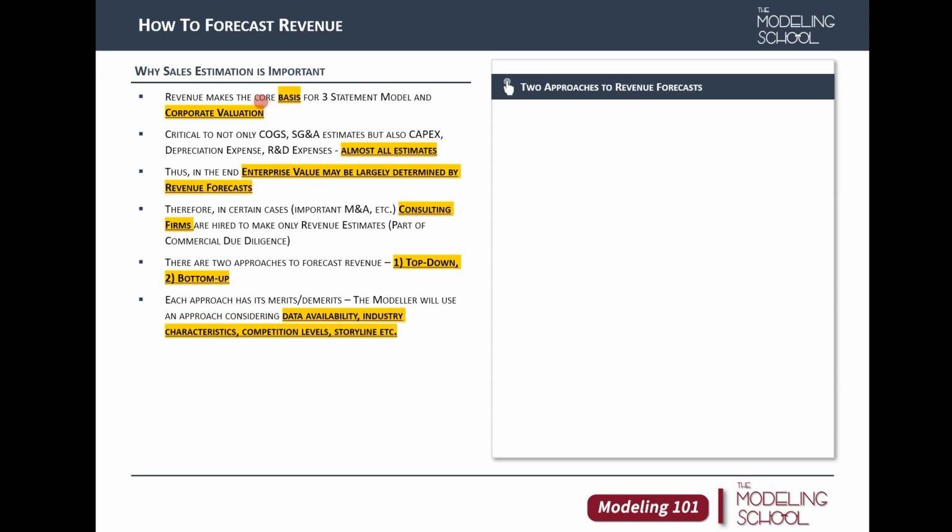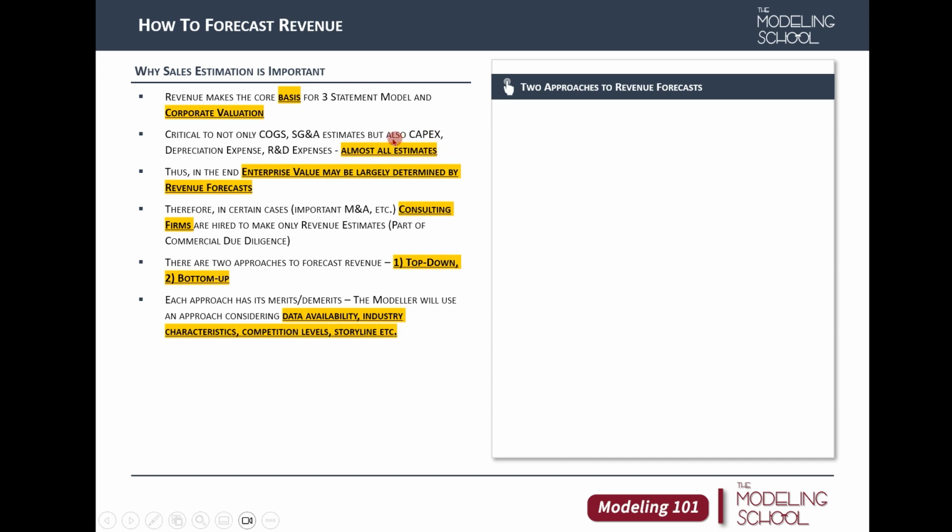It makes the core basis for our three-statement model, and later on it is going to reflect heavily on our corporate valuations. So it's not only critical to operating expense estimates, but also to capital expenditure estimates, depreciation estimates, R&D estimates. Just every single line item is going to be affected by revenue estimations.